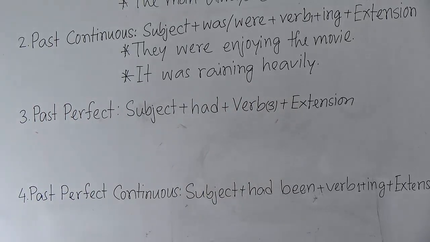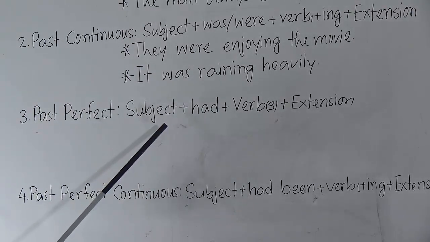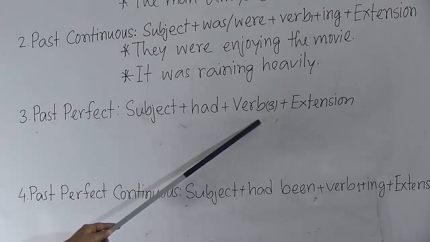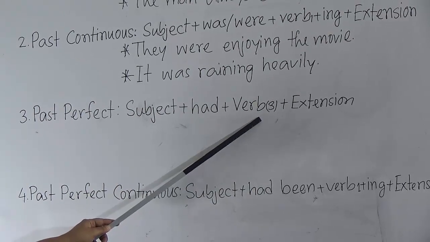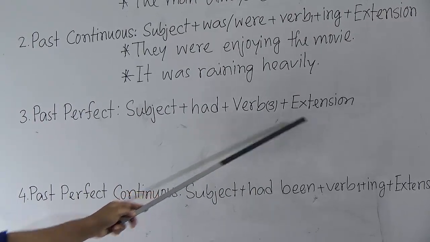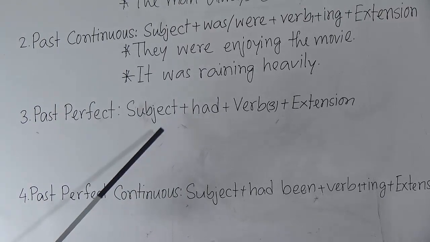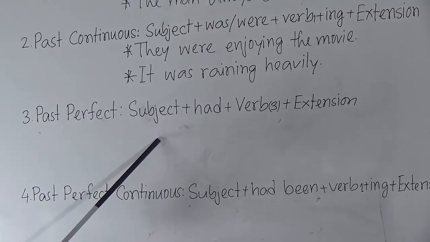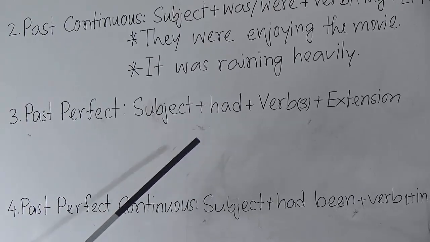And now past perfect tense, and our structure is subject plus had plus verb 3, that means the past participle form of the verb, and then extension. And we use had with all the subjects, whether the subject is singular or plural, it doesn't matter.